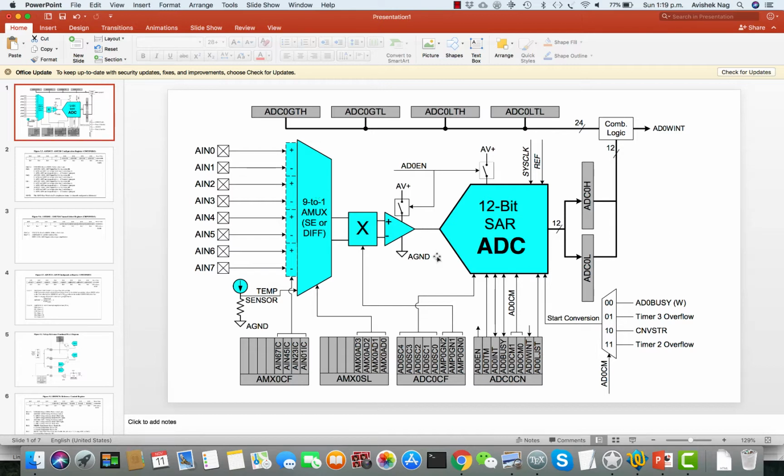First of all, this is an ADC with 8 inputs. You can see here, these are the 8 inputs, and this is a 12-bit ADC.